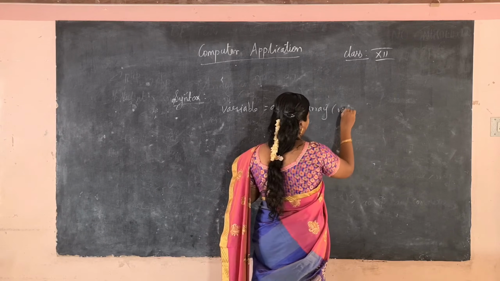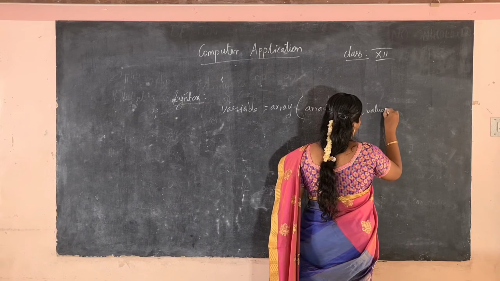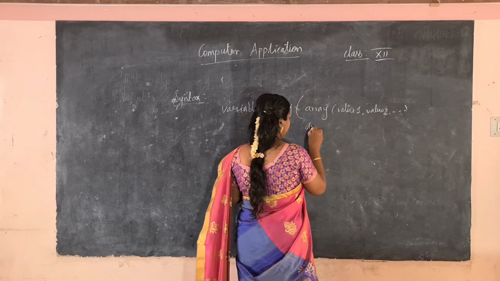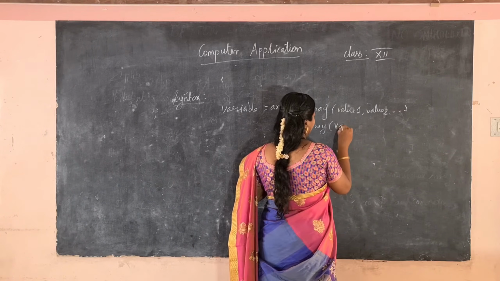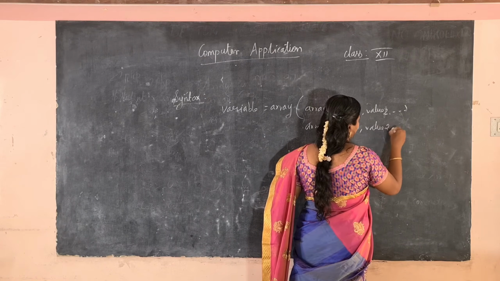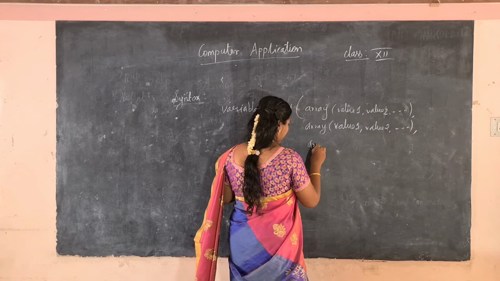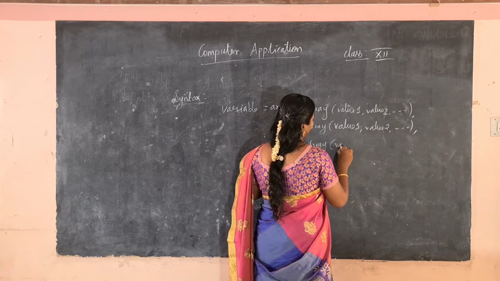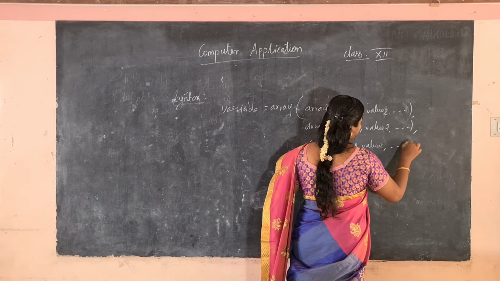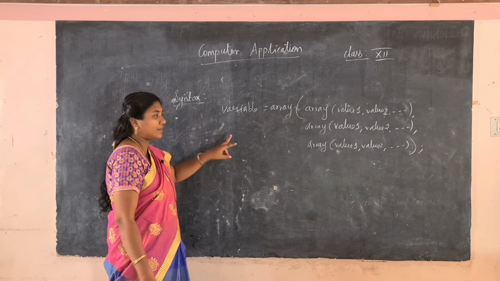So array, value 1, comma, value 2, etc. Then again the second array, value 1, comma, value 2, etc., comma, again the third array, value 1, comma, value 2, comma, etc. So this will be the syntax for a multi-dimensional array.